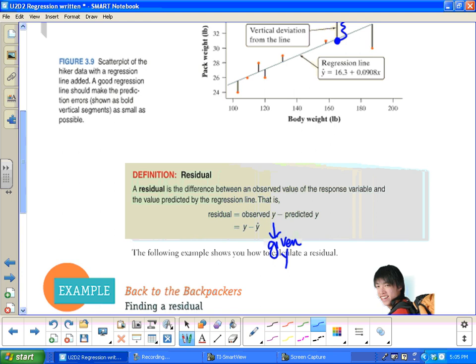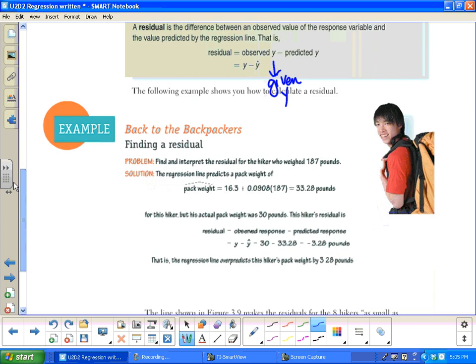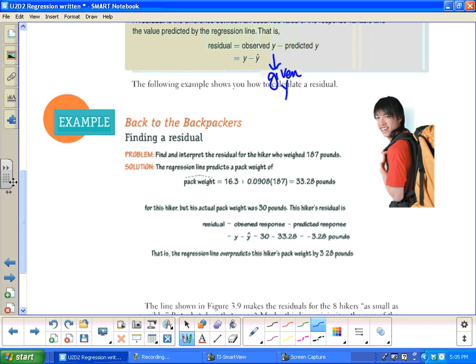Generally in your questions, they're going to give you an x value, or point you to an x value in the data, and give you the y value that goes with it, and then they want you to calculate the residual. They're not going to give you y hat. You're going to have to calculate y hat on your own.